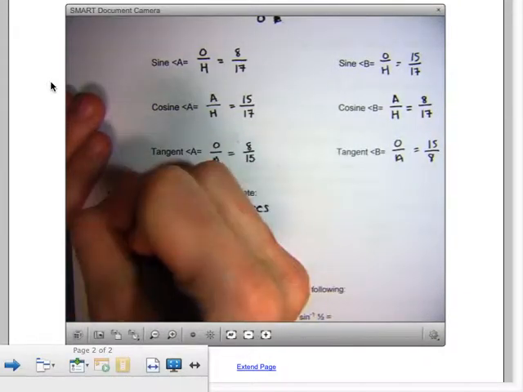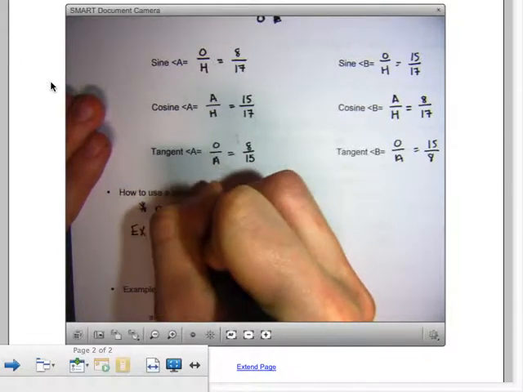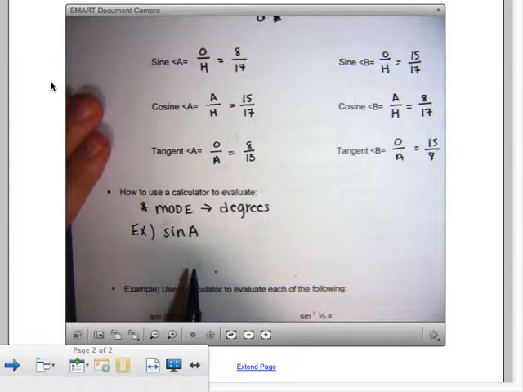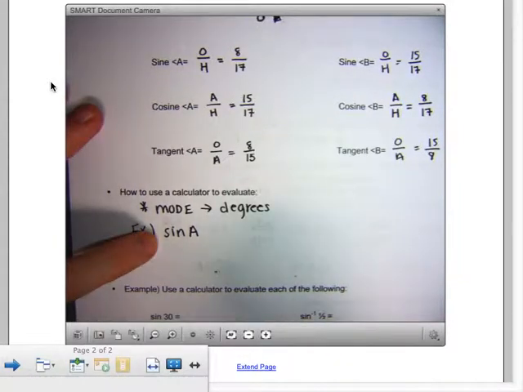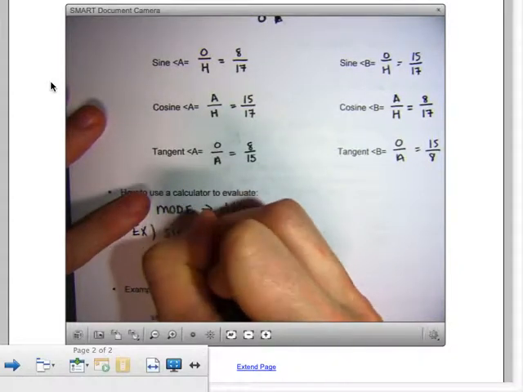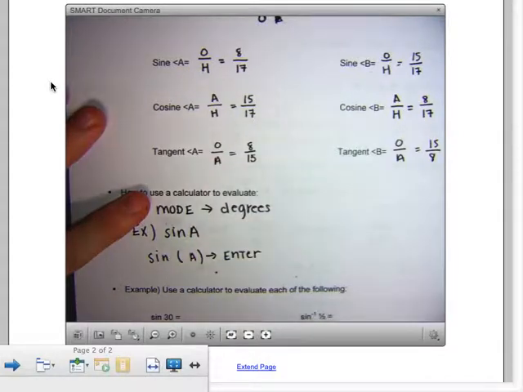For example, let's just say we have sine of A, where A is just any number. I'm just going to plug in sine in my calculator, plug in A, and then hit enter, and that'll tell me the value for that.